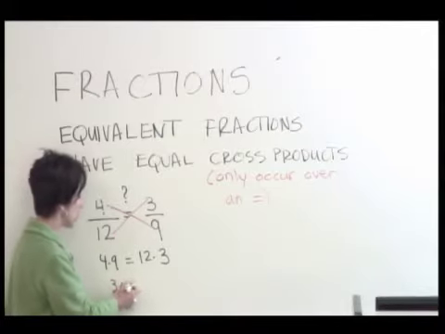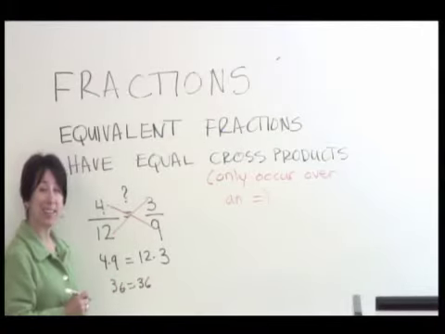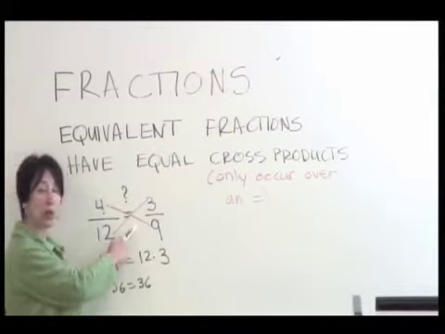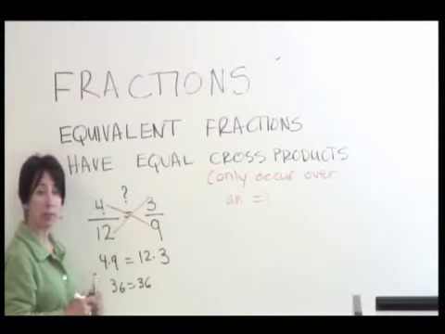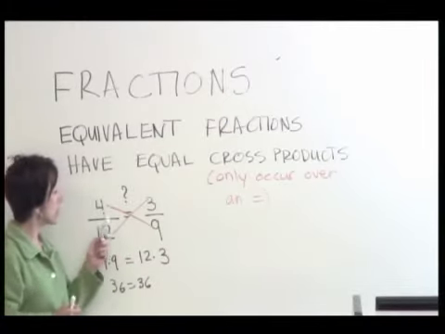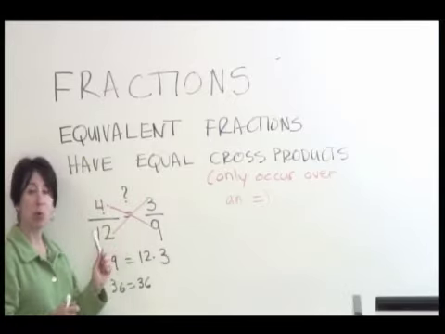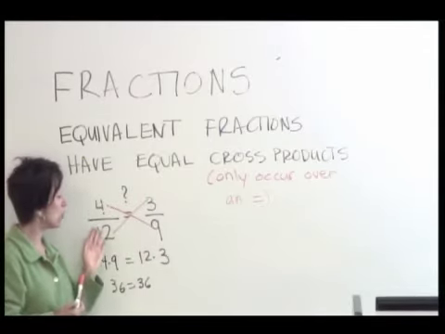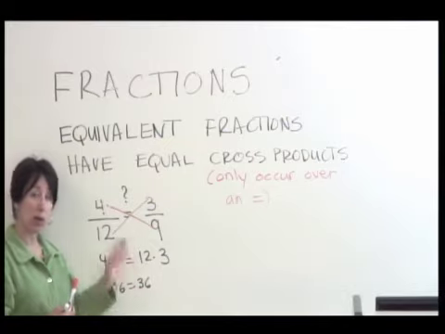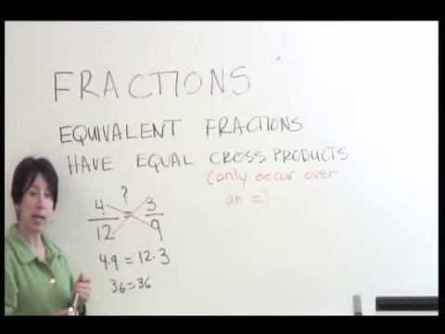And we see that it is. So yes, these two fractions are equivalent. So this is a relatively simple way to determine if two fractions are equivalent to one another. We look at their cross products and see if they're equal.